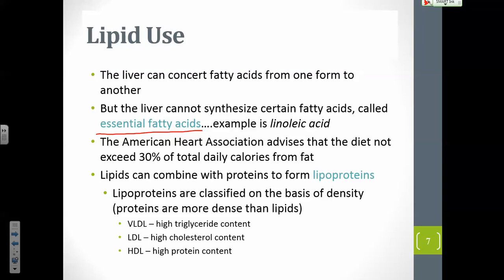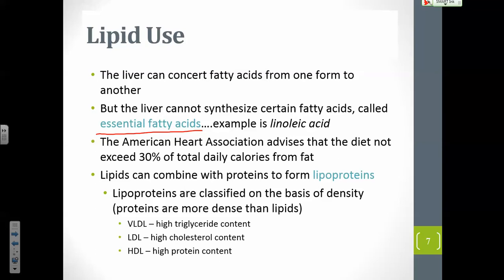All right, and so because there are some fatty acids that are essential, that means you can't survive with a no fat diet. You have to have triglycerides in your diet. You don't need a lot, but you have to have some because they're providing some of these essential fatty acids.